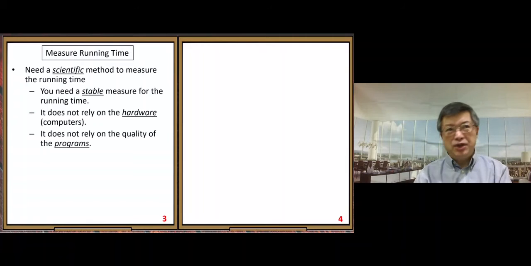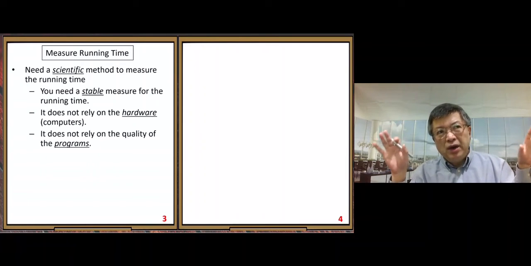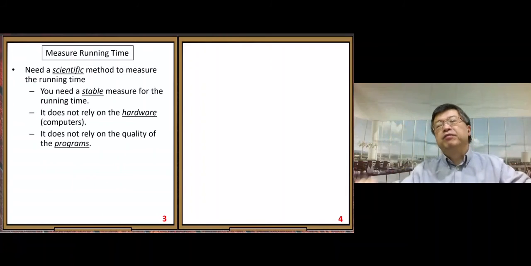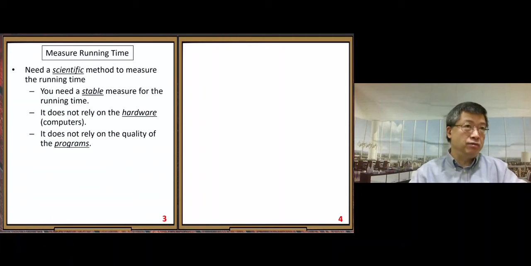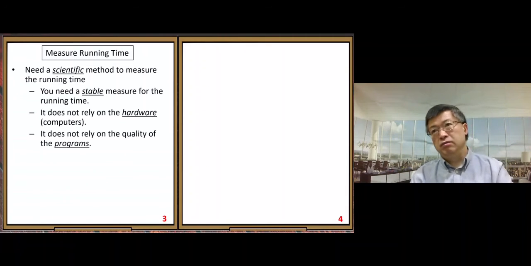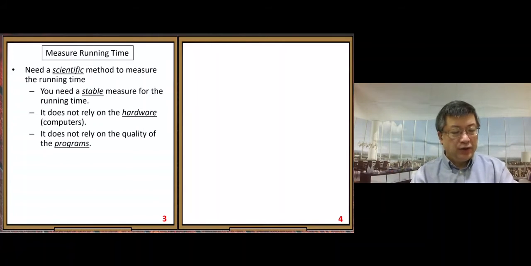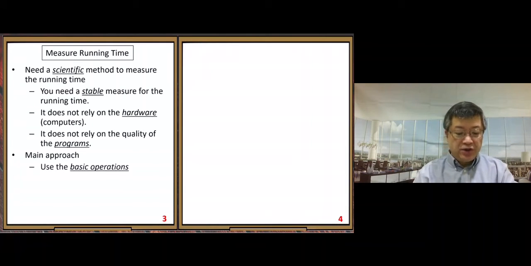So in that situation, we try to avoid that kind of programming-skill-related difference. So then the simple way we do, the main approach, is to use the basic operations in the algorithms.